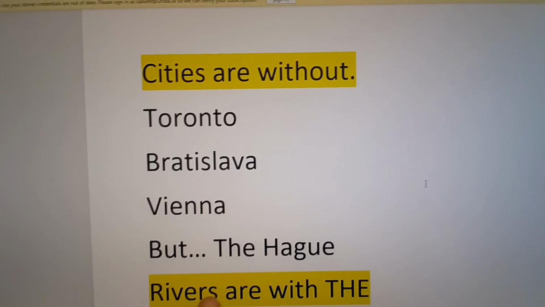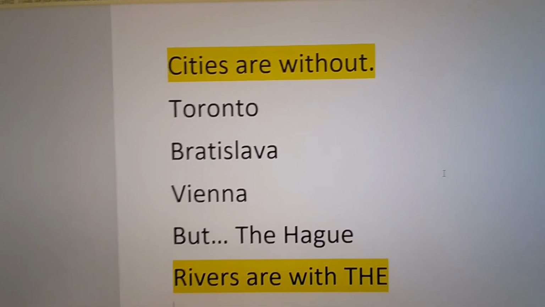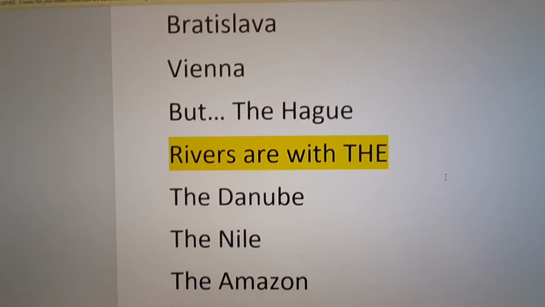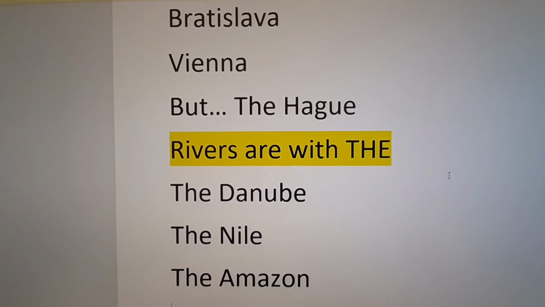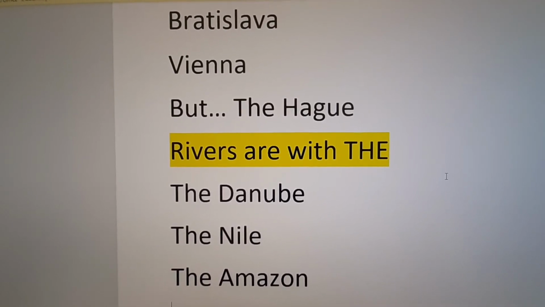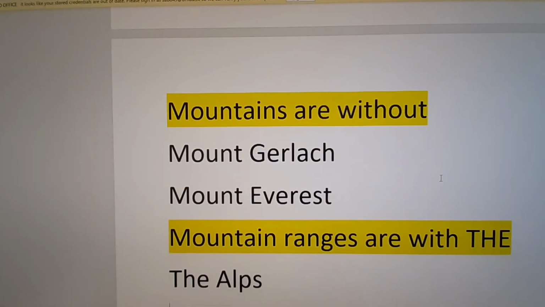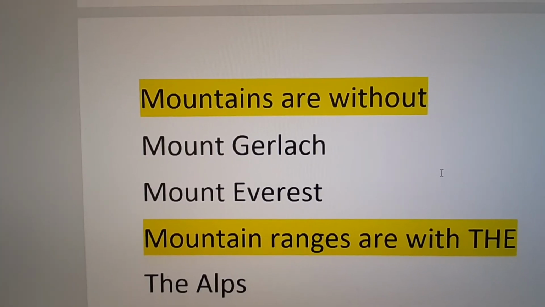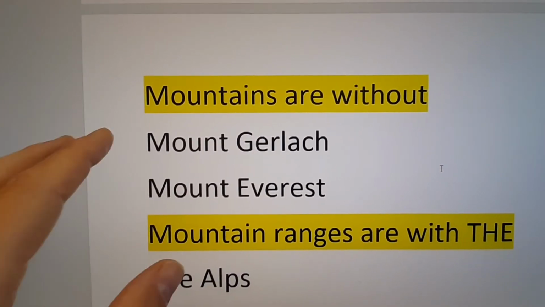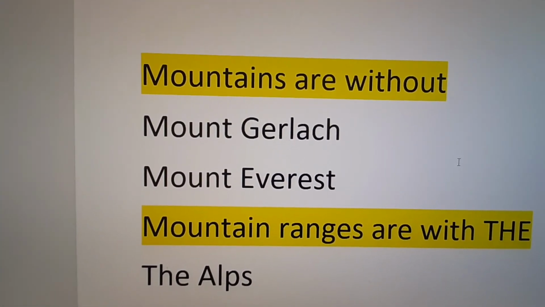So we also have rivers. Rivers are generally with the. We have the Danube, the Nile, the Amazon. If I move down here, also mountains. Mountains are without. I'm not going to the Risi this weekend.